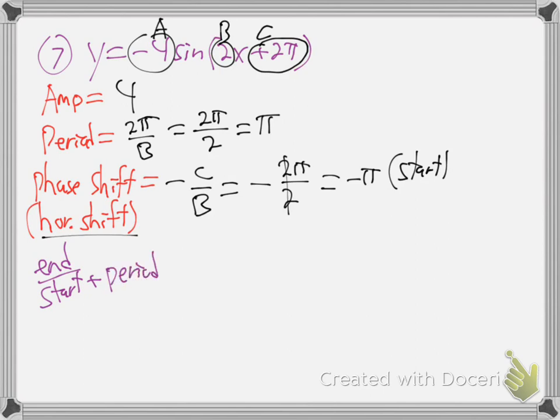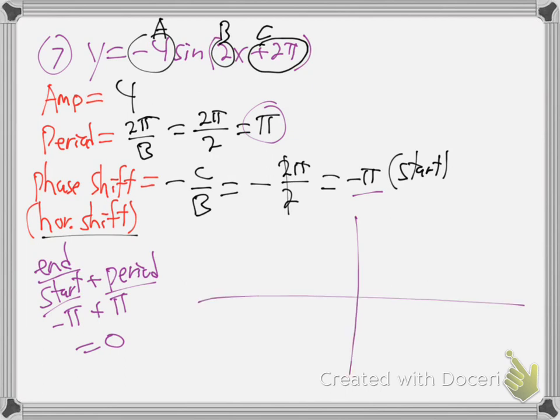The period is how long one cycle goes for, how long it takes to go up and down and back to 0. You'll want to put this on your 3x5 card for the next exam in a couple weeks. So it starts here at negative pi, plus the period is pi. Oh, that's just 0. This one's going to end at 0. Did you get that okay, that information?